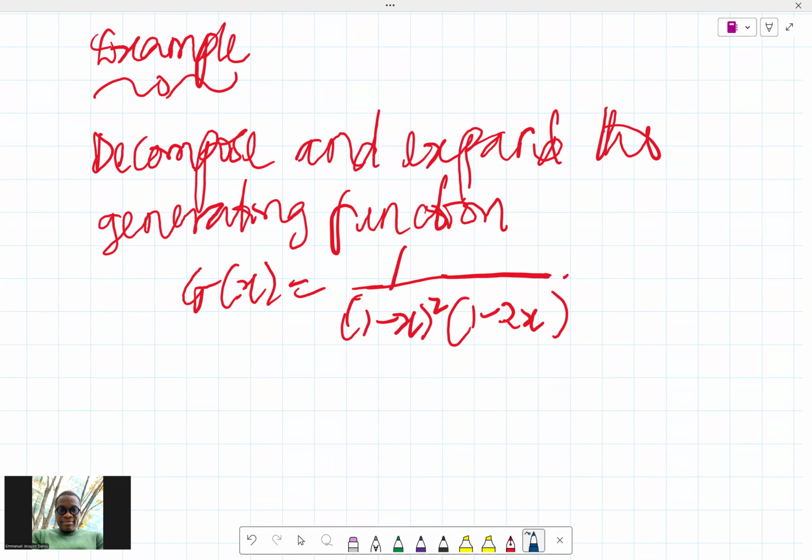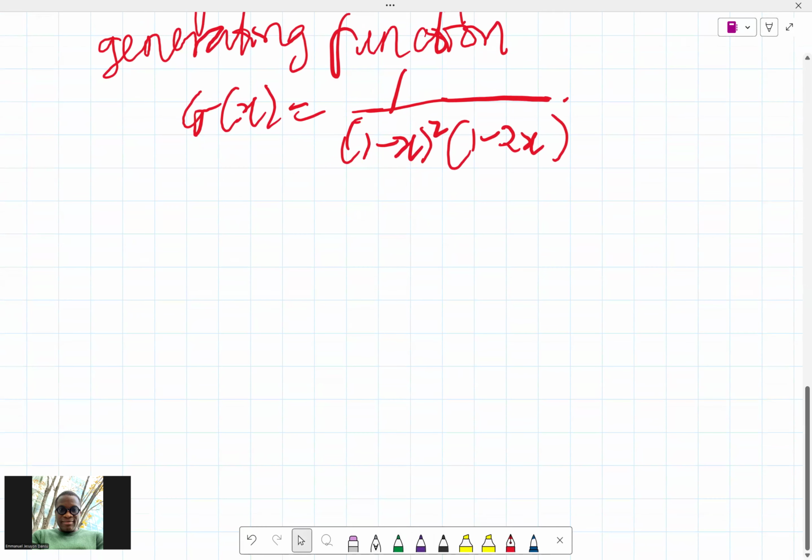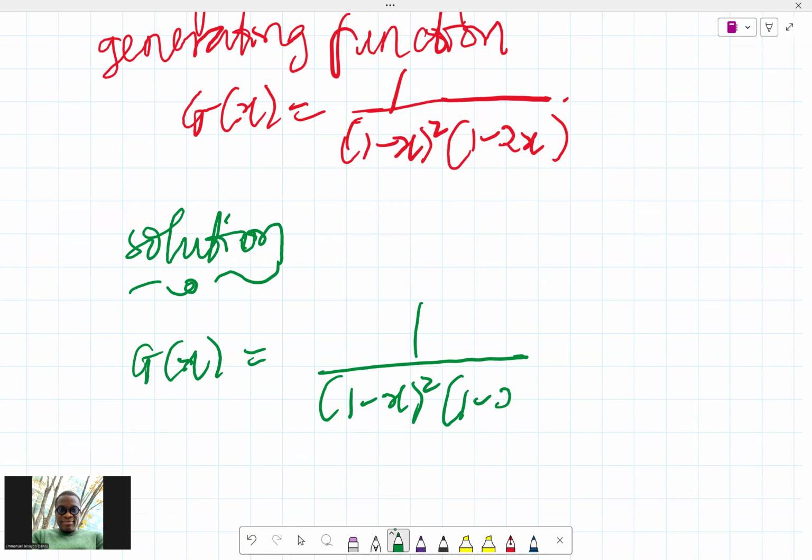Okay, so if you check what I did for partial fraction decomposition, you'll see that here we have two types. We have two kinds of expressions with two different approaches in that one problem. So we have g of x equals 1 over (1 minus x) squared and (1 minus 2x).